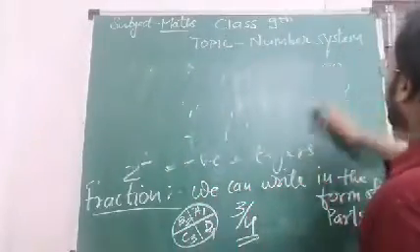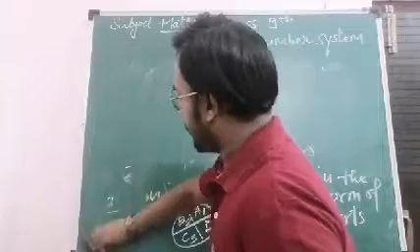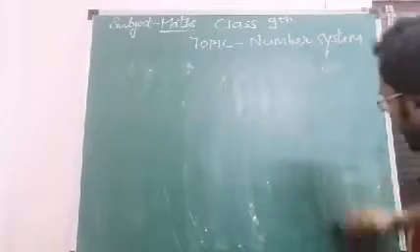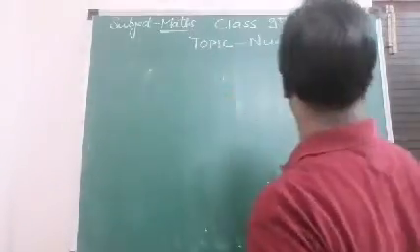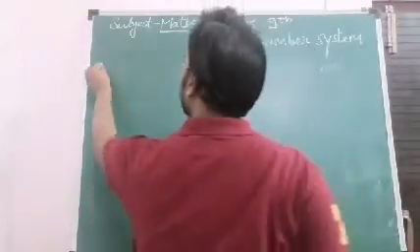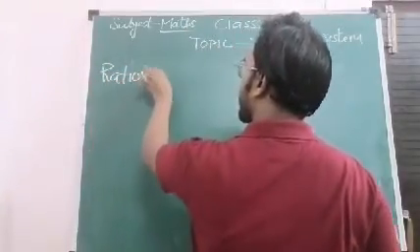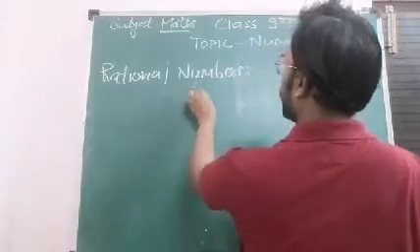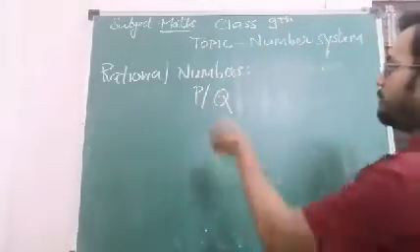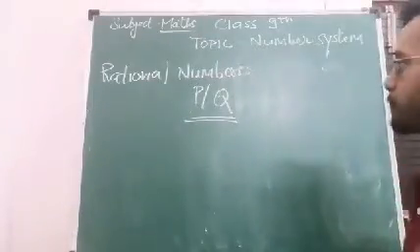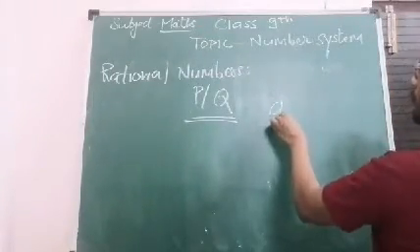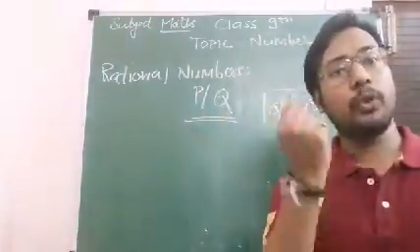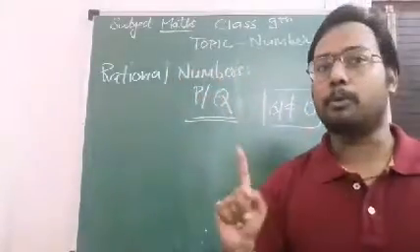Now we will discuss rational and irrational. Rational numbers are numbers which can be written in the form of p by q, in which there is a condition that q should not be equal to 0, because if q becomes 0 it goes to infinity and that is not possible.